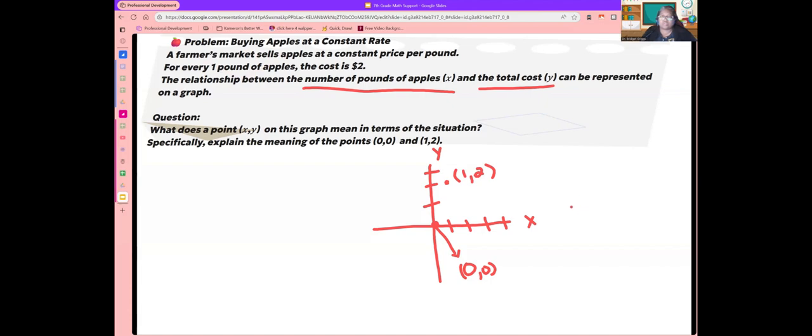So if we were to continue with this trend, then if we had 2 pounds of apples, let me just make one more up here, then that would be at (2, 4).